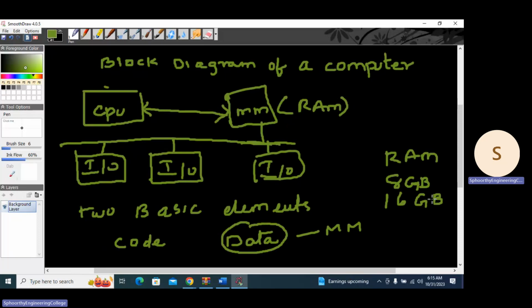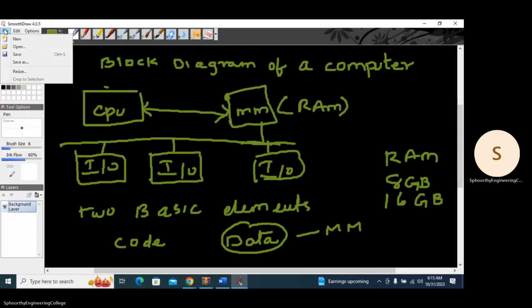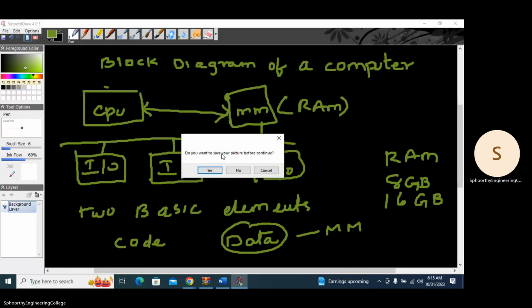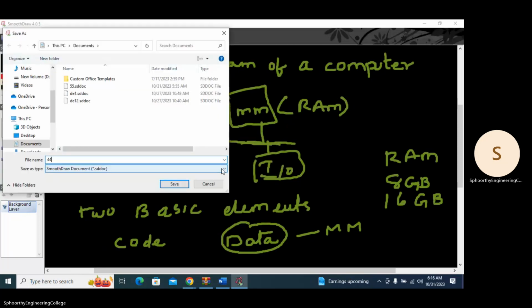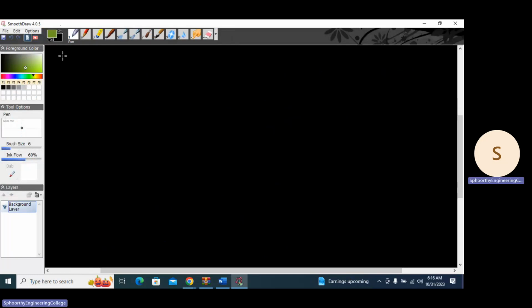This is the concept of memory addressing, and we are trying to understand it clearly.